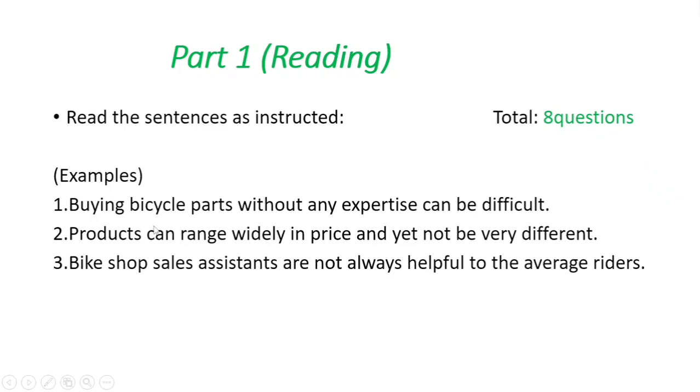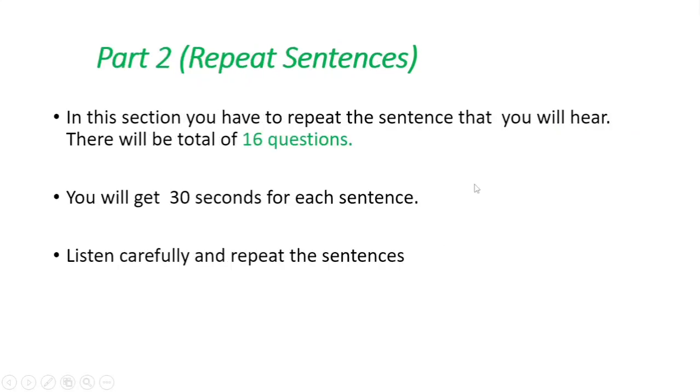Then they will ask you to read the second sentence: products can range widely in price and yet not be very different. Then again they will ask you to read the next one: shop sales assistants are not always helpful to the average riders. Like this you will get 8 questions, and you have to read them one by one as per the instructions by the automated software.